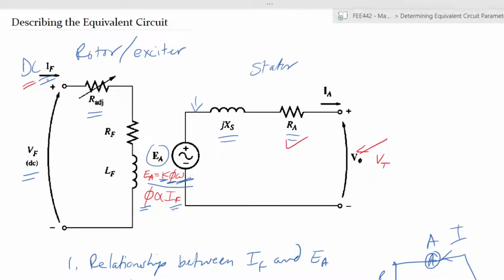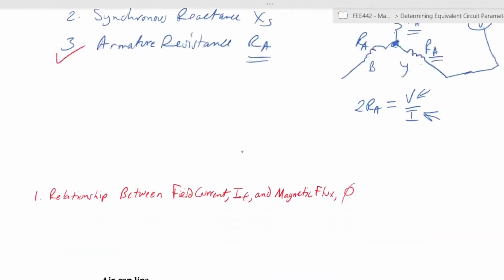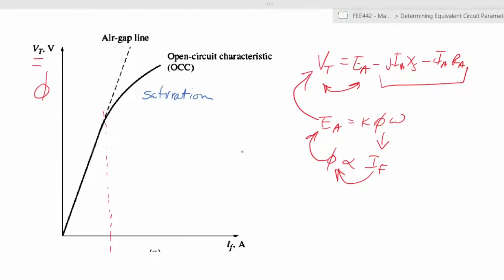So any increase in the field current on the rotor side or on the exciter has a limited increase in the amount of magnetic flux that we are creating within the stator. So the usable, straight line relationship ends at a certain point here. Now those are the relationships between the two of them.